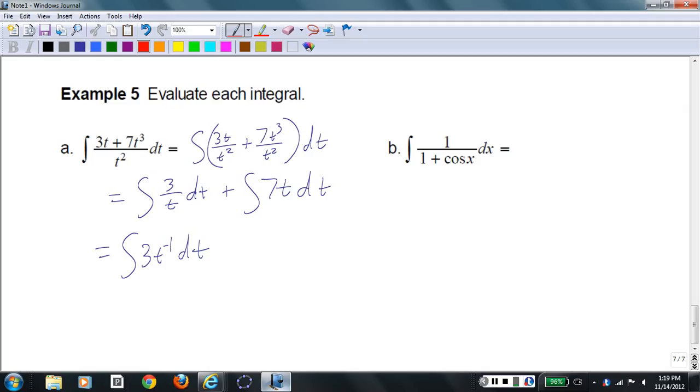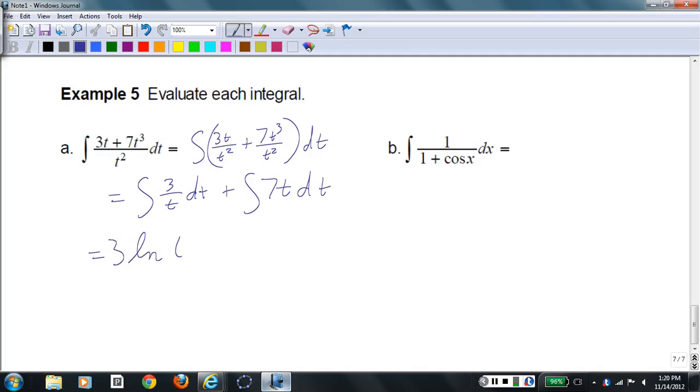Natural log. Is it the natural log? Derivative of natural log? Yes, 1 over that expression. So let's stare this down and see if this would not be 3 times the natural log.